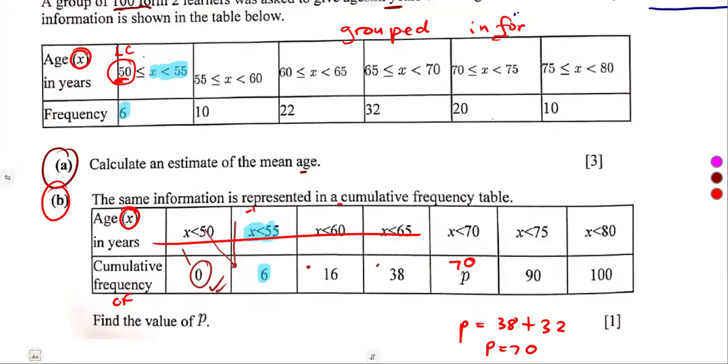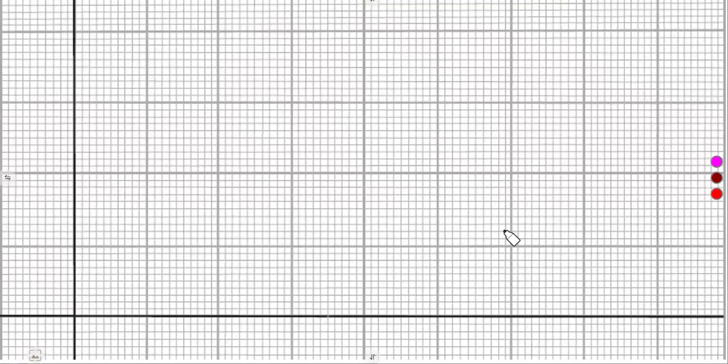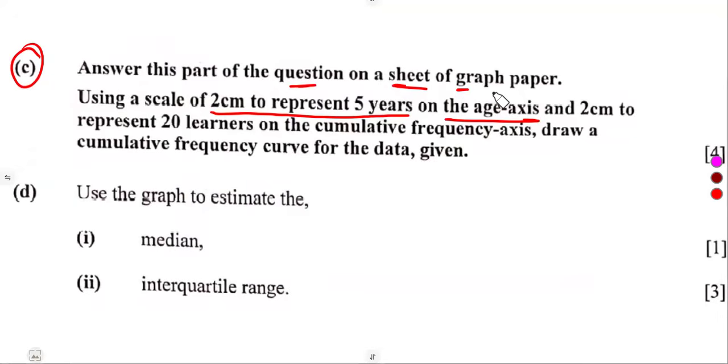X is this X. So it is important that our age be represented with X on the X-axis. 2 centimeters to 20 learners on the cumulative frequency axis, as we are to draw a cumulative frequency curve.